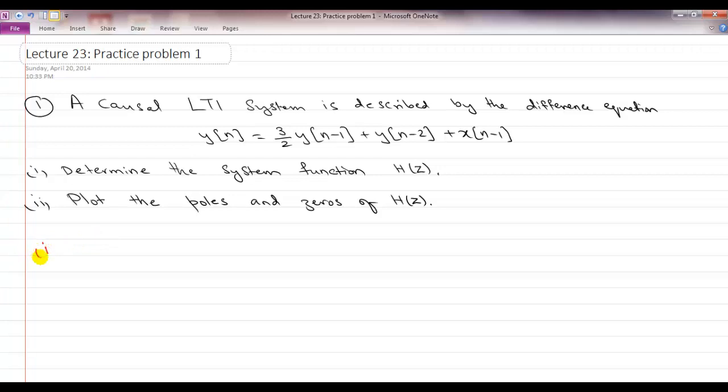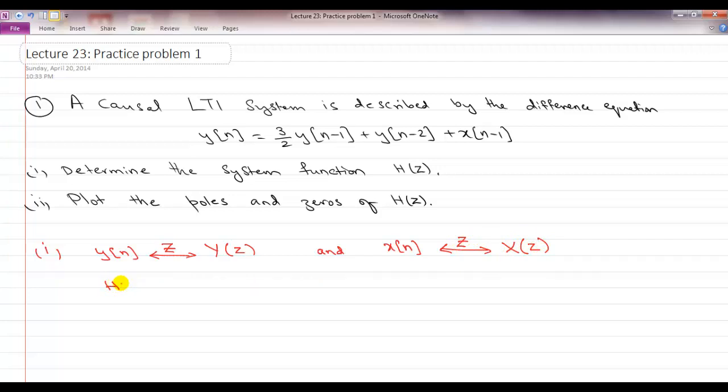And the first part is to determine the system transfer function H(z). Solving that is basically just taking the z transform of the left hand side and the right hand side. The convention you can use is that y[n] has a z transform Y(z) and x[n] has a z transform X(z).